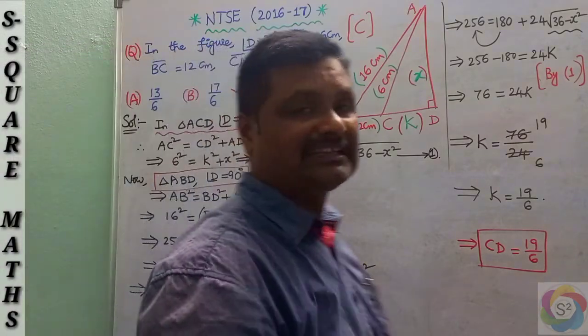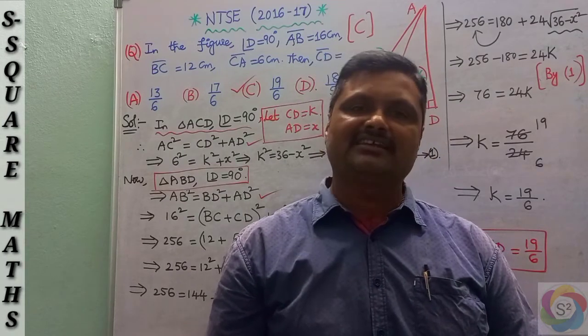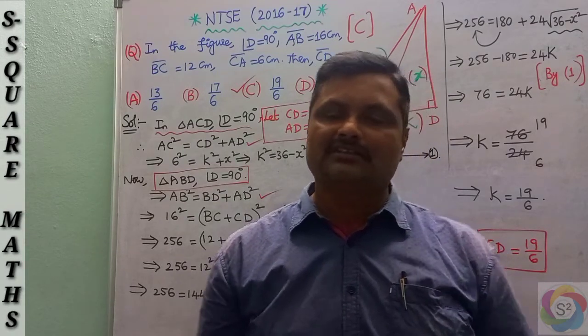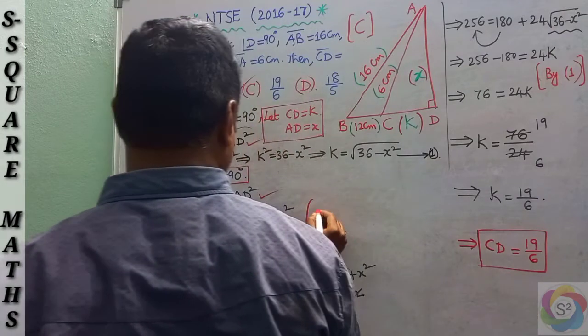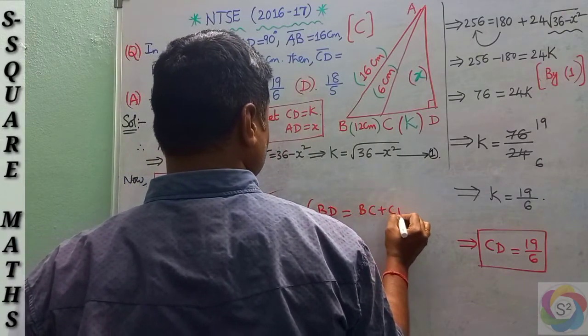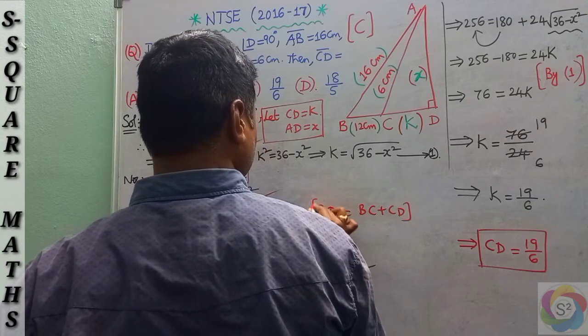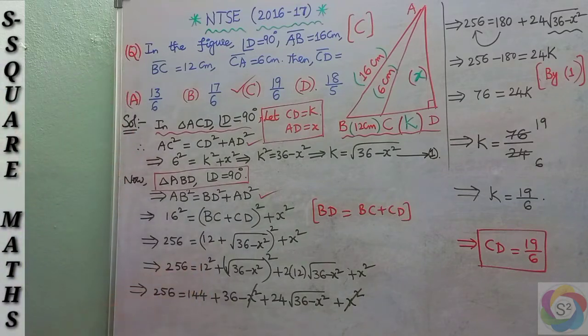I have gone through the Pythagoras theorem, which you study in 10th standard and even in 8th and 9th standard. In this way we can go through the problem. BD, by the figure, is equal to BC plus CD.